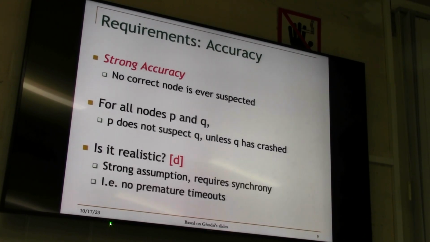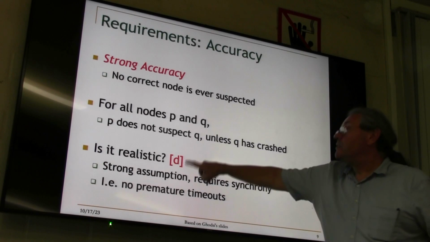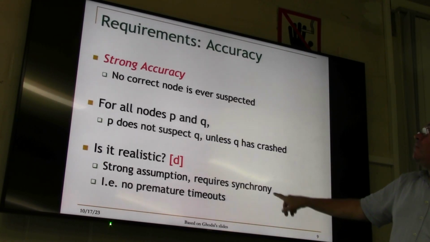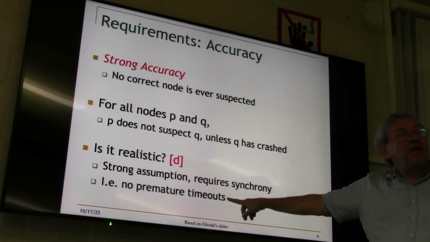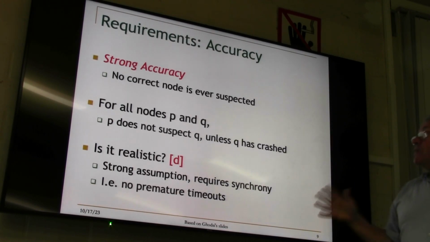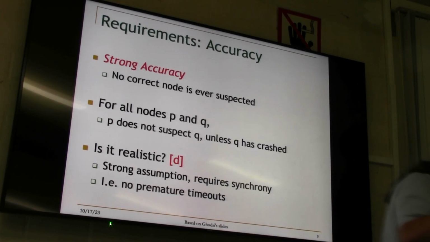But is this realistic? This is actually very hard to do. It means no timeouts anywhere, no premature timeouts with respect to anybody. Everybody will get the messages from that node and nobody will ever have a delay. That's a pretty strong assumption. So that's a strong property.